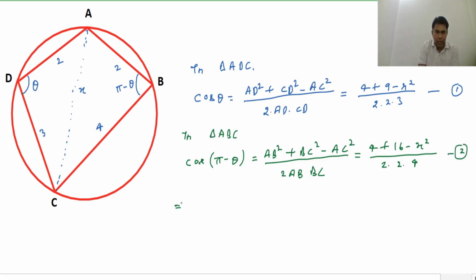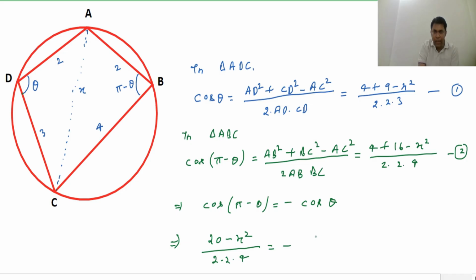And we also know that cos of pi minus theta is nothing but negative of cos theta. So if we put all the values here, we can write cos of pi minus theta is 16 plus 4 that is 20 minus x square divided by 2 times 2 times 4 is equal to negative, and cos theta we have 4 plus 9 that is 13 minus x square divided by twice of 3.